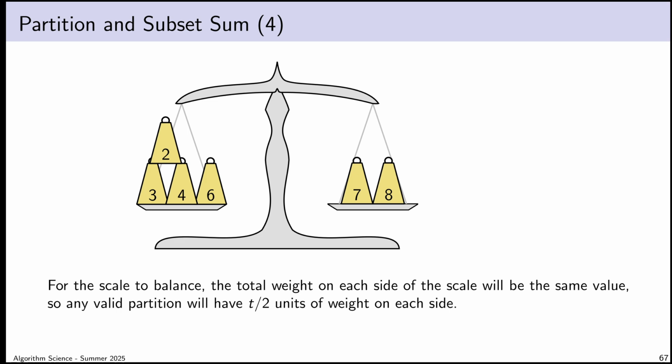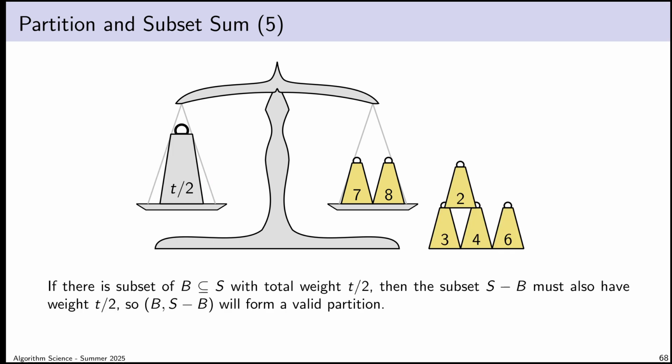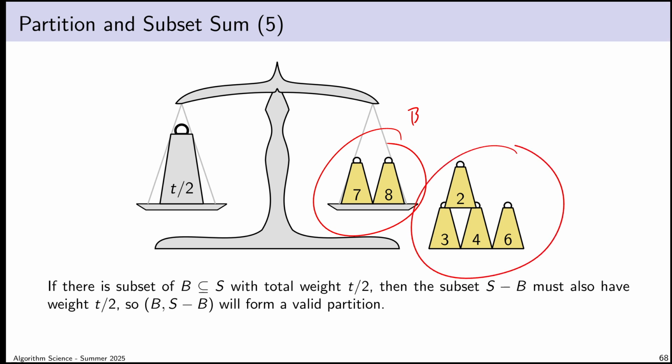And then I realized that if I can find some subset b that adds to t over 2, whatever I left behind, so the remaining elements, S minus b, well, this has to add up to t over 2 as well. Because logically, if the whole thing adds to t, and I take t over 2 away, the remainder has to also add to t over 2.